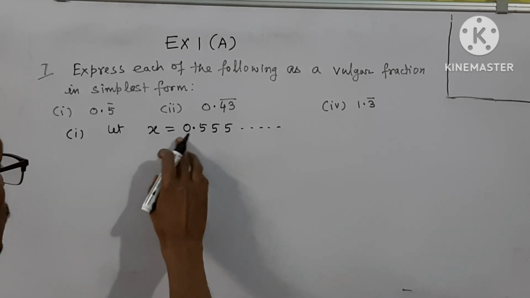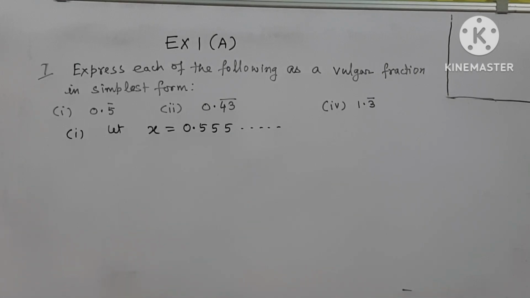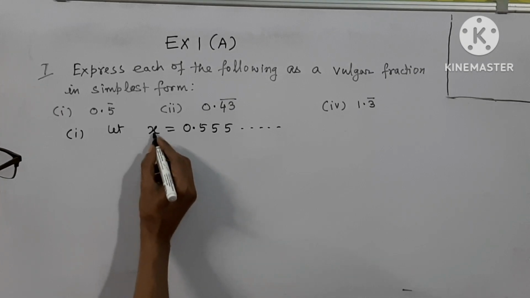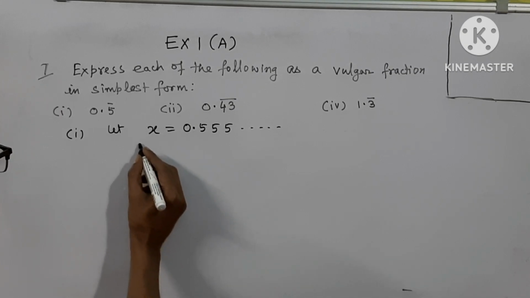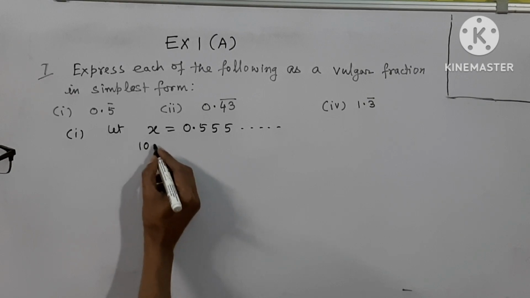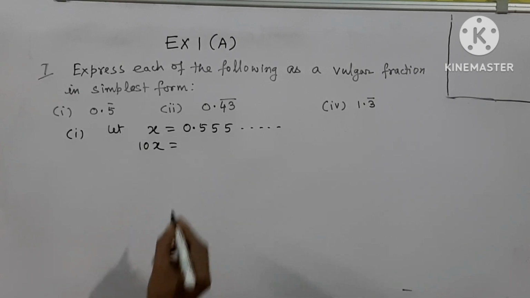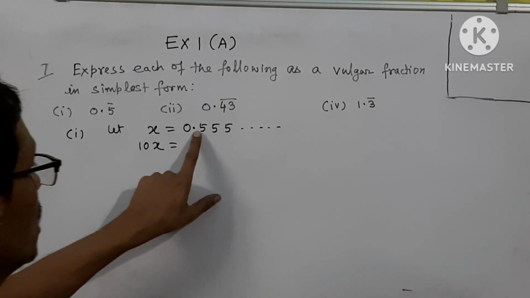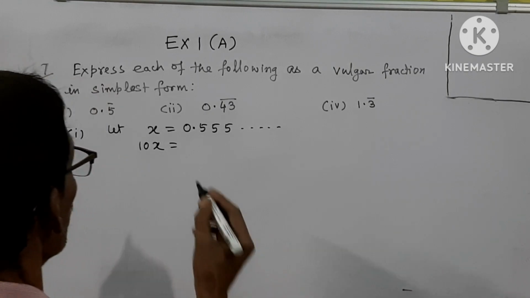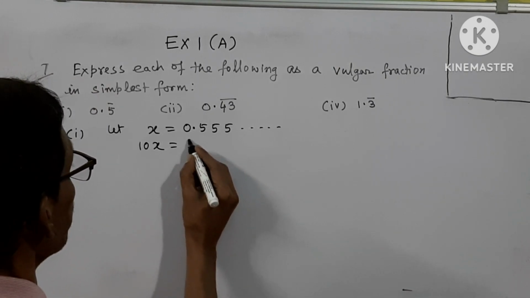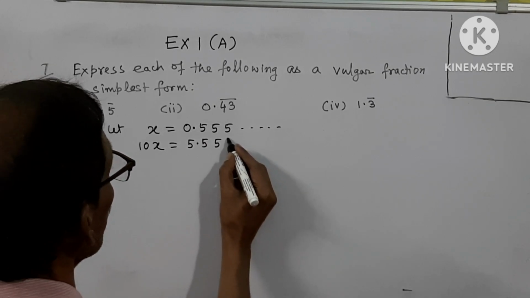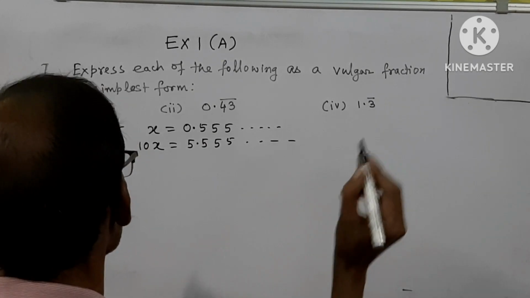If x equal to 0.555 and so on, then if you multiply this by 10, it becomes 10x. And what will happen on the right side? If you multiply 0.555 by 10, it will become 5.555 and so on.